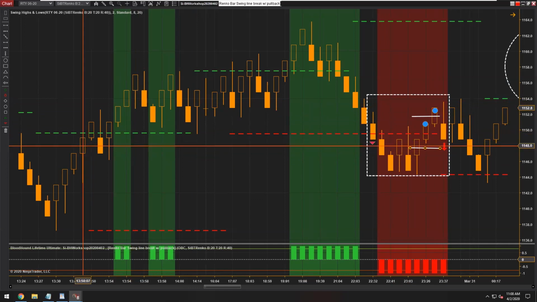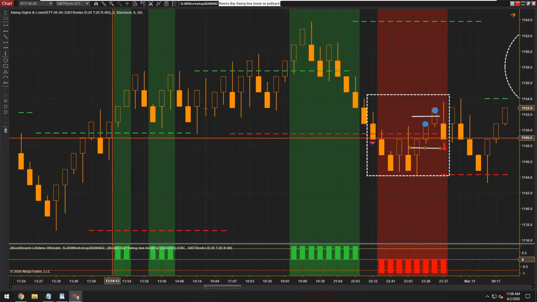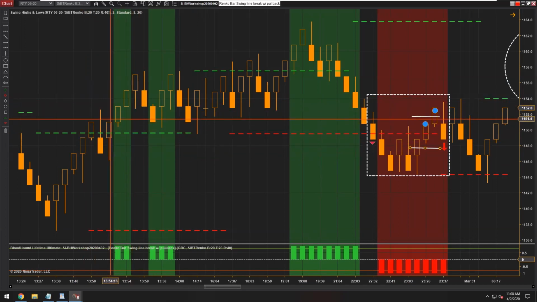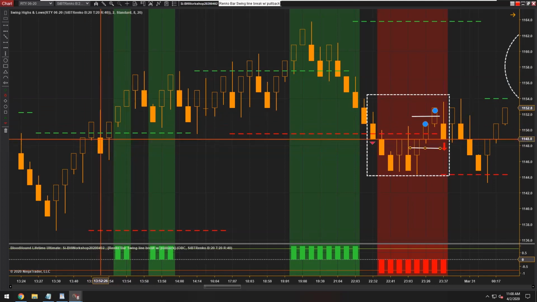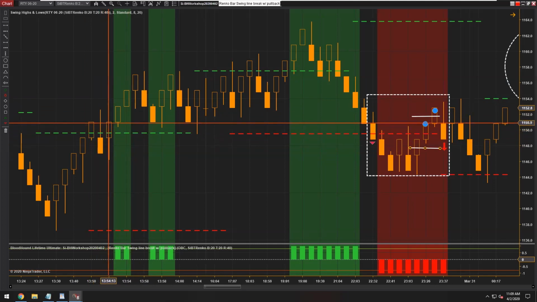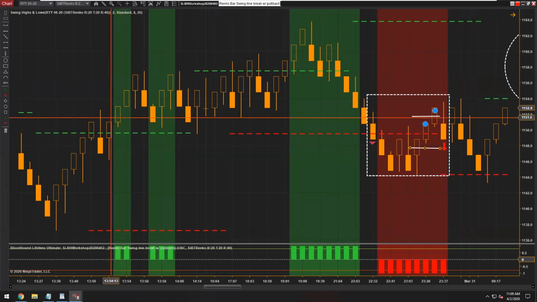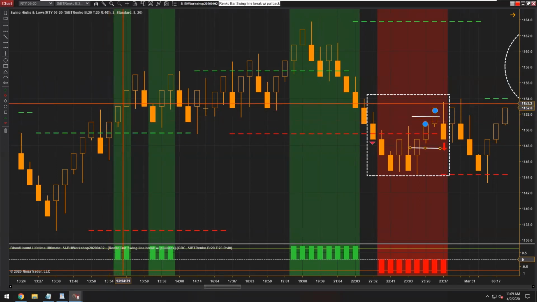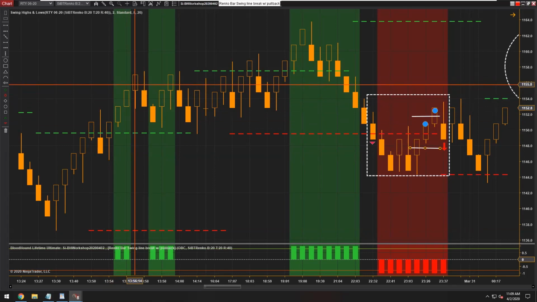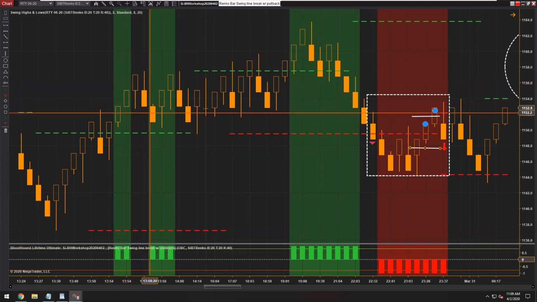So if we look at this scenario over here, price crossed our swing high by at least 2 bars. We got 1, 2 bars. And then we get the pullback.